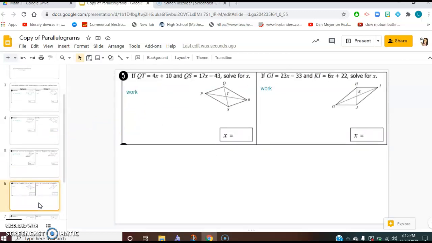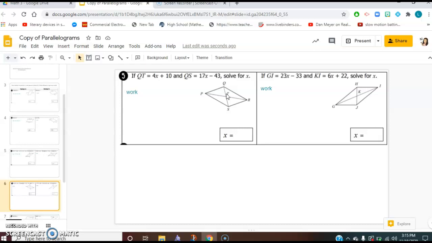All right, another picture where it looks like I have something to do with the diagonals. So QT is a piece of one diagonal, and then QS is the entire diagonal. So keep in mind, it does not make sense for you to tell me that 1/2 of the diagonal is equal to the whole diagonal. That doesn't make sense.